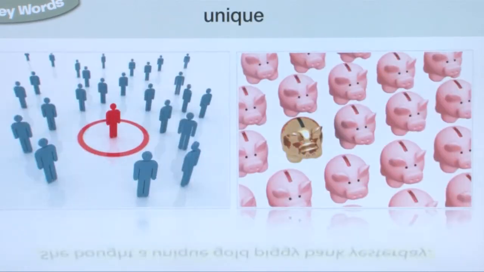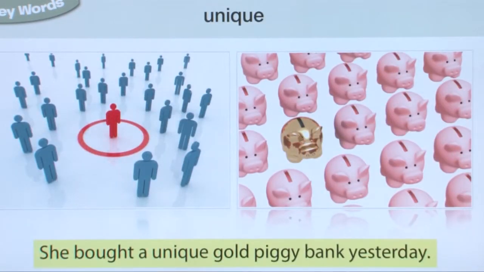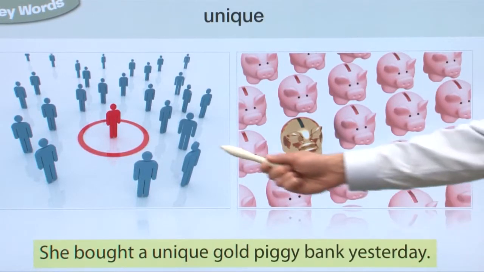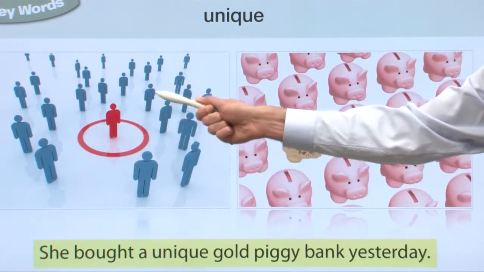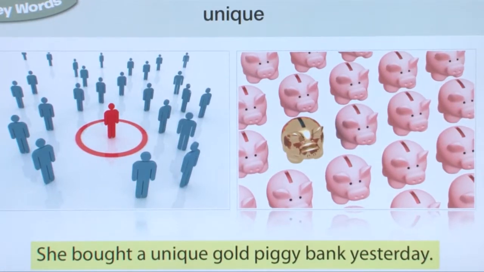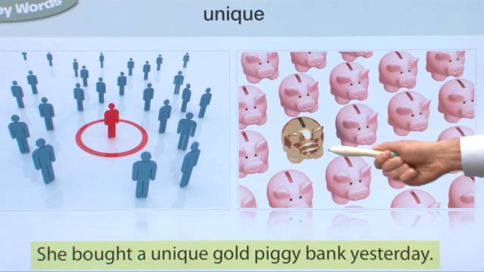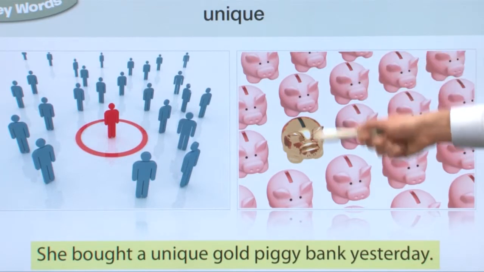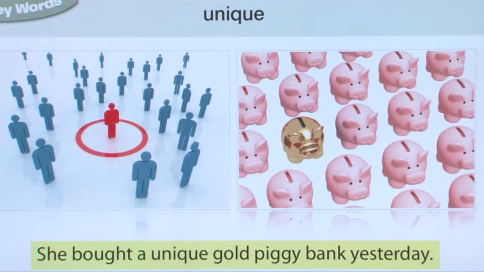All right, let's move right along here. Let's first look at the left. Here we have a red man amongst all these blue people. He's the only one. And on the right, we have a golden piggy bank, and all around it are pink piggy banks.